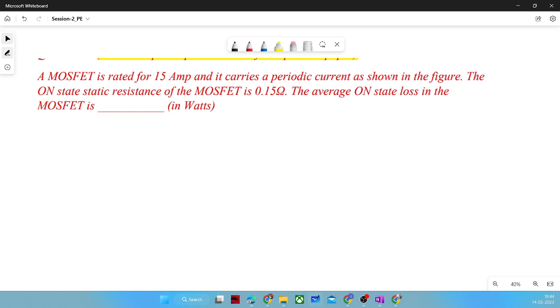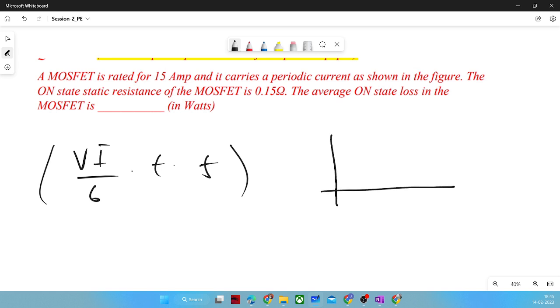And generally, it will be triangular falling and triangular rising. So most of the time, not always, it will come in the format of Vi by 6 into T into F. This is more general if you do not want to spend much time in the exam and you see the waveform of current falling like that, and voltage rising like that for the same period, you just close your eyes and write Vi by 6, and whatever this time is, whether it is given in terms of duty cycle or something, you write it and multiply it with the switching frequency, and you would be good to go.